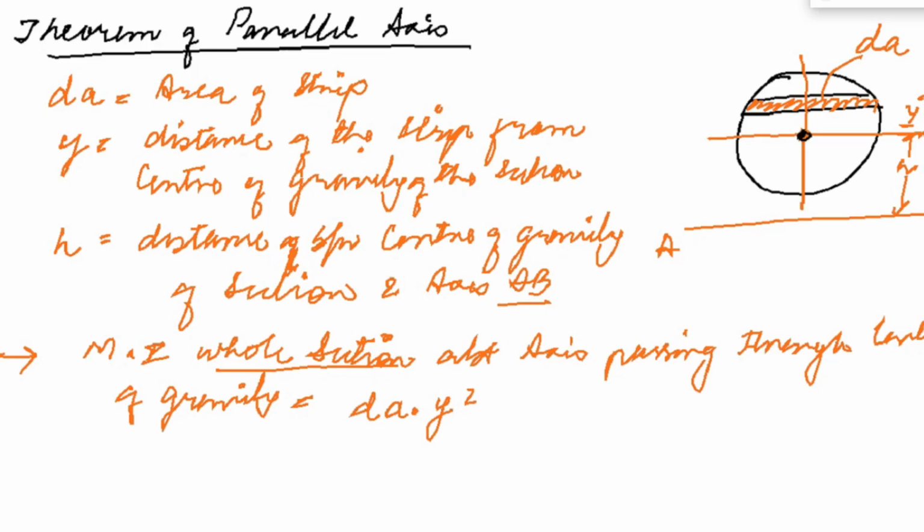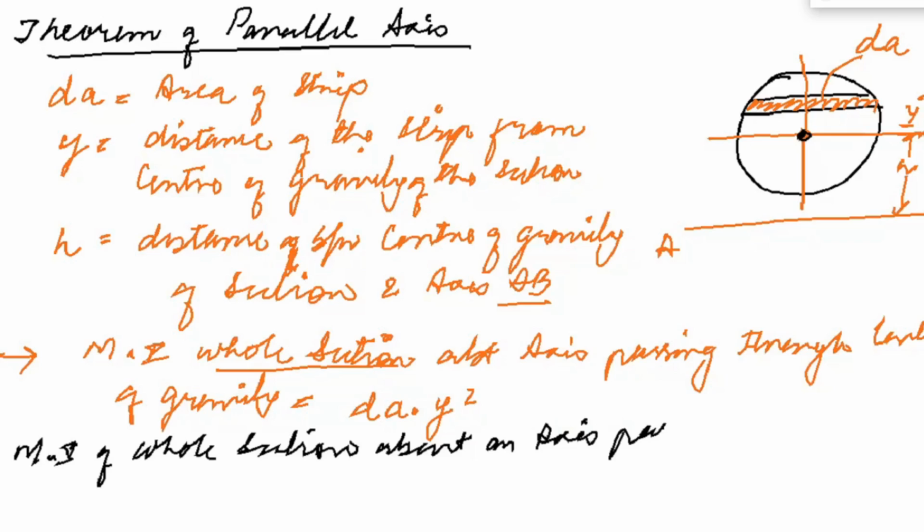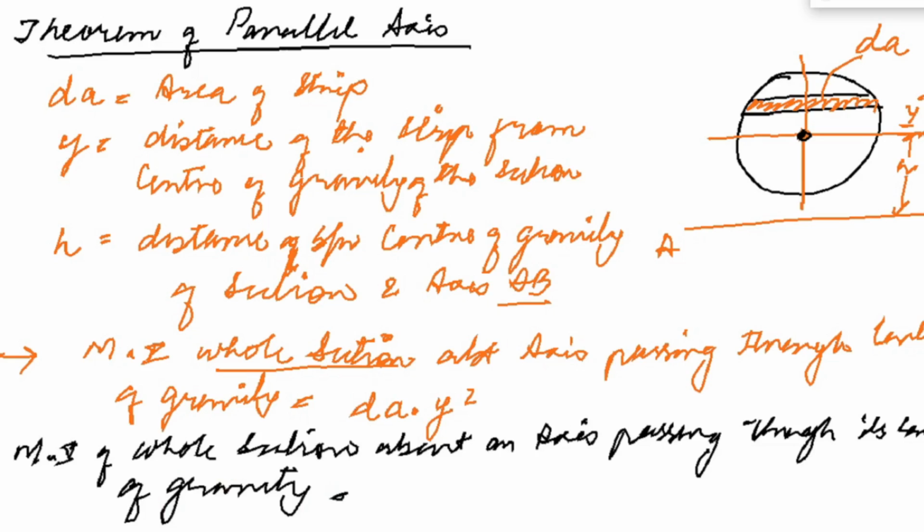And again, we know the moment of inertia of whole section about an axis passing through its center of gravity can be simply written as Ig.